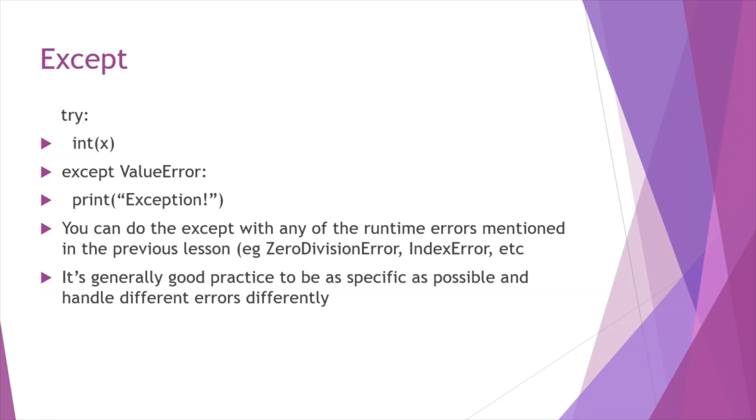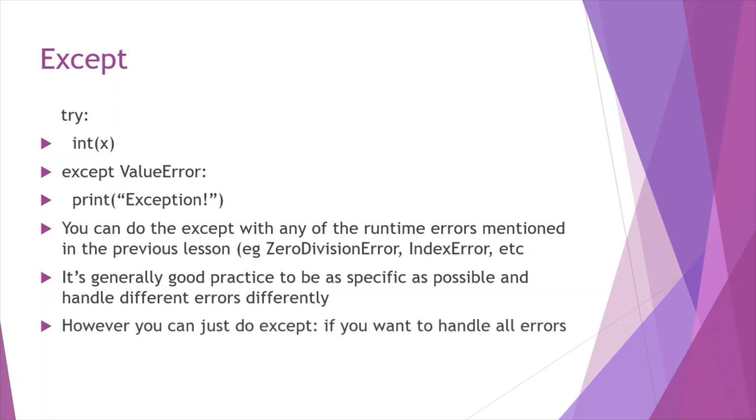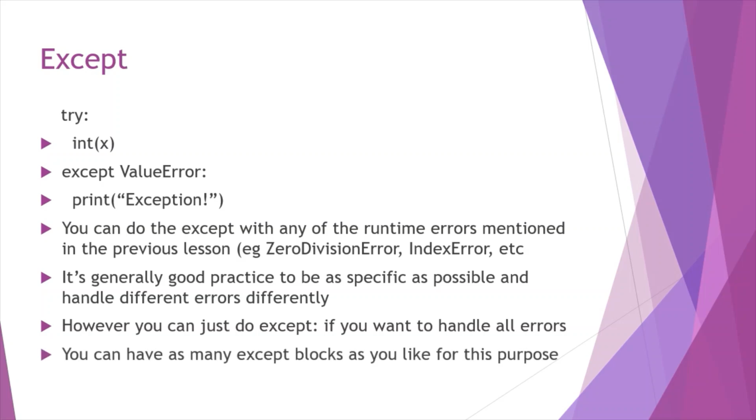If you're pulling in third-party data and you've got a value error, then you might want to pull in an old version of this data to continue with the program in the except block. However, you can just do except if you want to handle all errors, and I'll show you this in a moment. You can have as many except blocks as you like for this purpose.